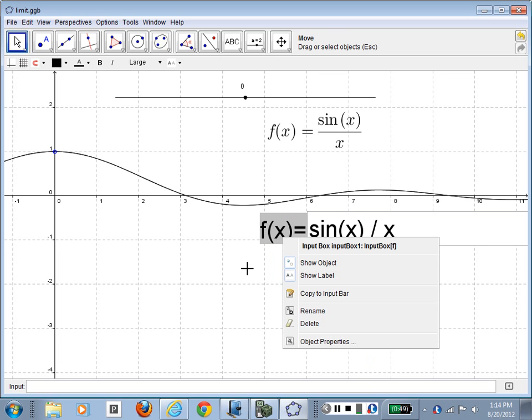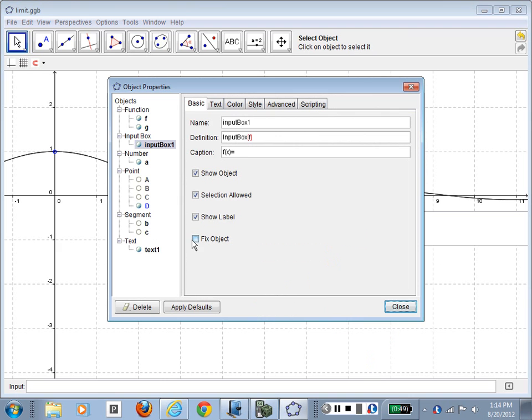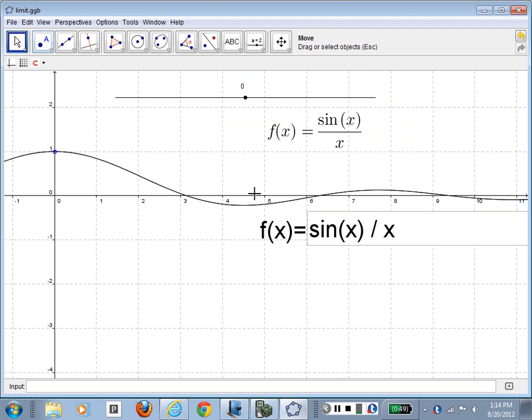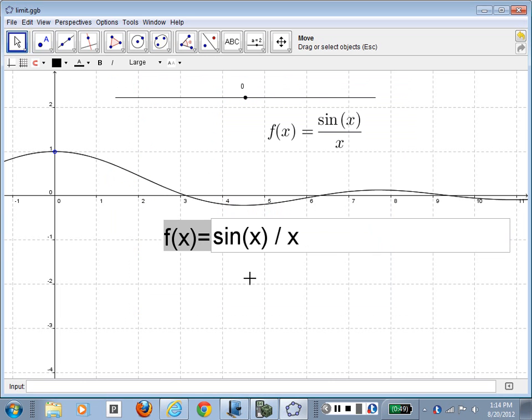I don't want the object to be fixed, I want to remove it. Ah, there we go. Because when I do this pi over x, I have to be able to insert a pi. Pi over x.